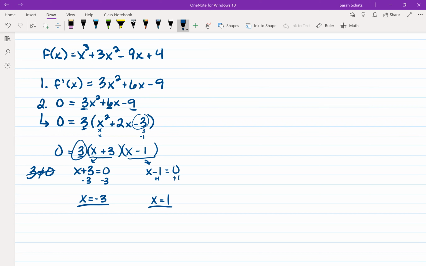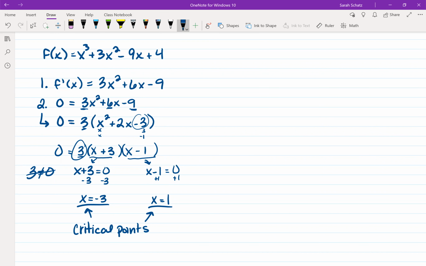So let's remember what we just found. We found the derivative, we set it equal to 0, and we solved for x. We just found the critical points, and this time there are 2. So that's a good first step, right? Finding the critical points.